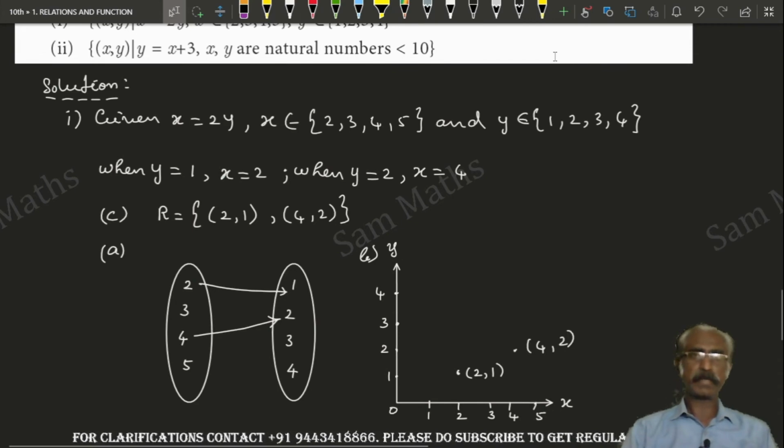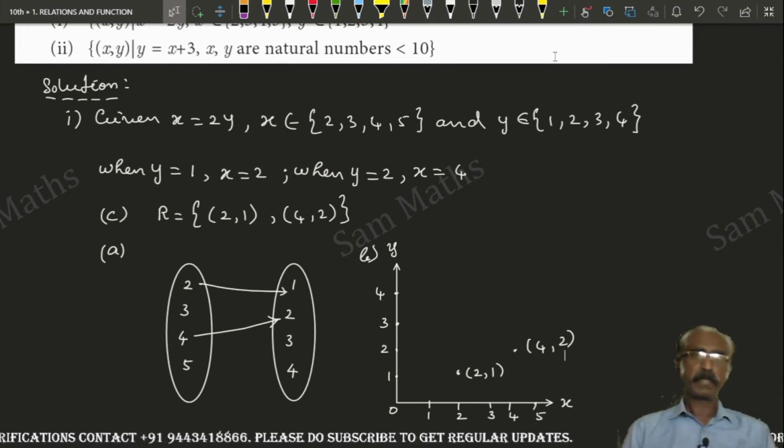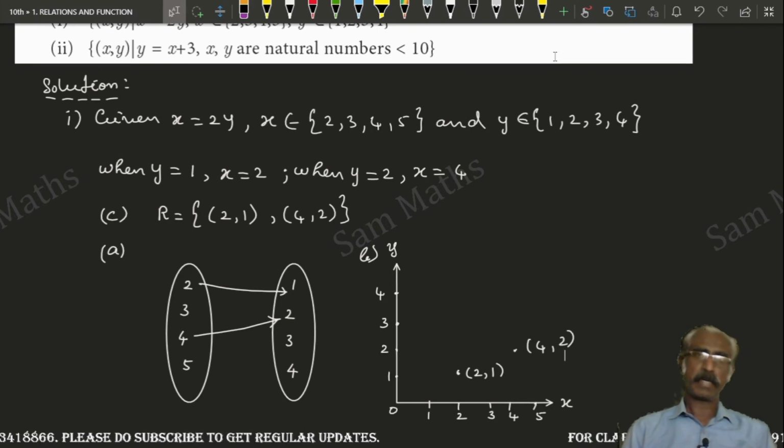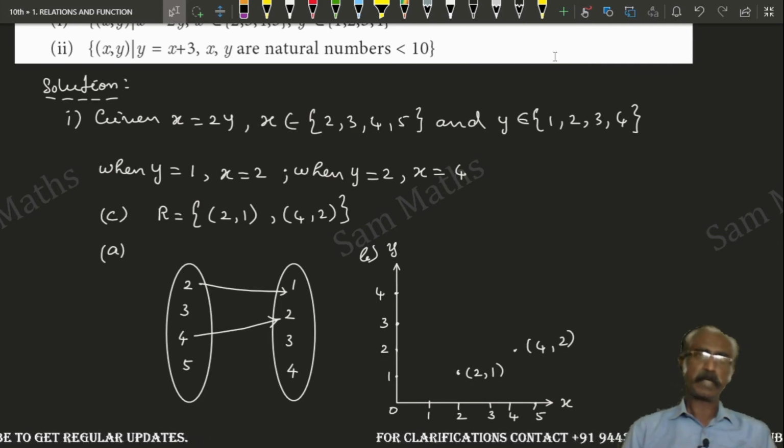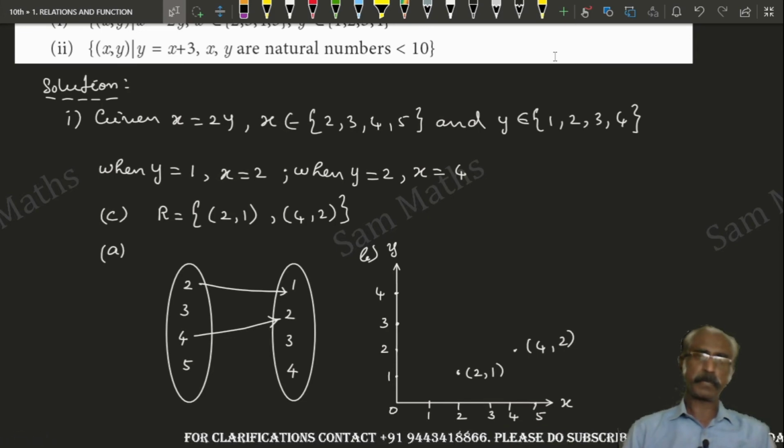Here one more part is there. It's given y is equal to x plus 3. Second subdivision: x, y are natural numbers less than 10. So you can take y is equal to x plus 3 like this problem, and x belongs to 1, 2, 3 up to 9. y also belongs to like that.